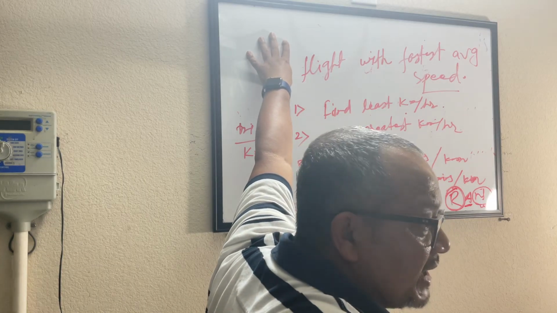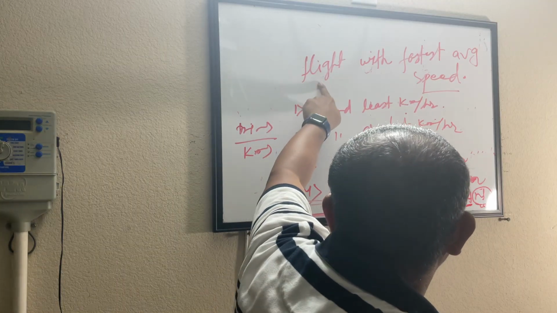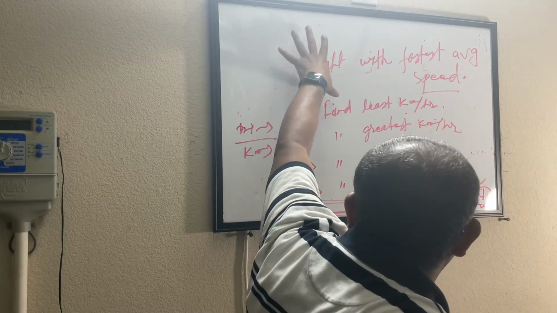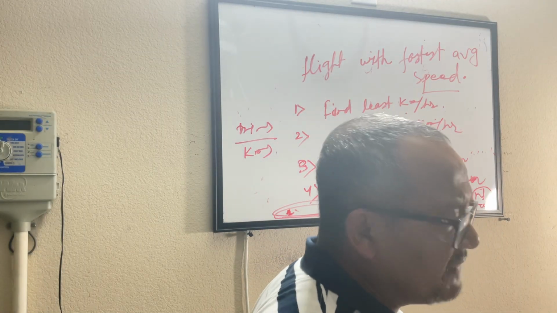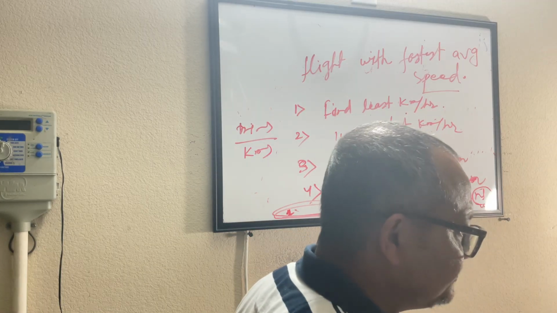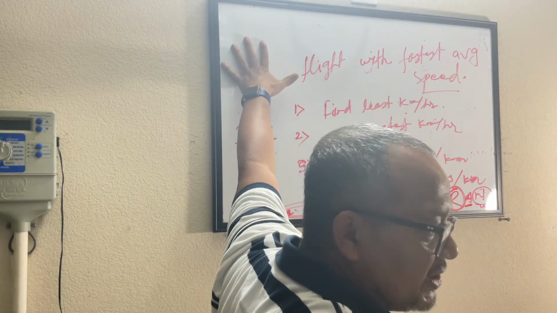And in an attempt to do so, he or she is trying to find out the flight with the fastest average speed. Okay? Average speed is nothing but you take multiple speeds and do the average of that. So that's the only way he or she is able to compare.